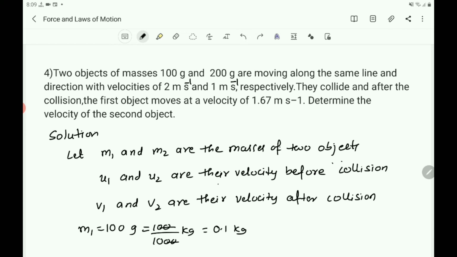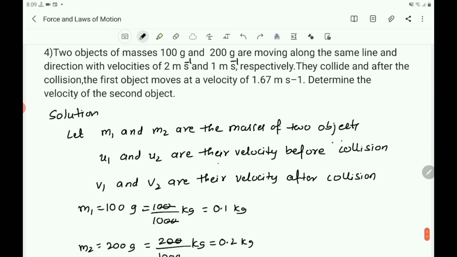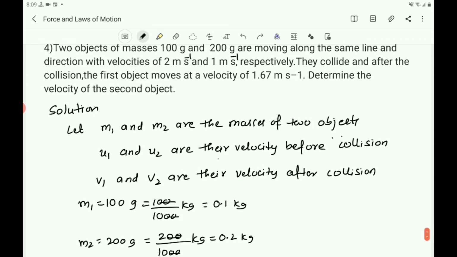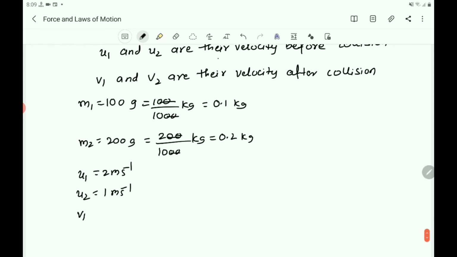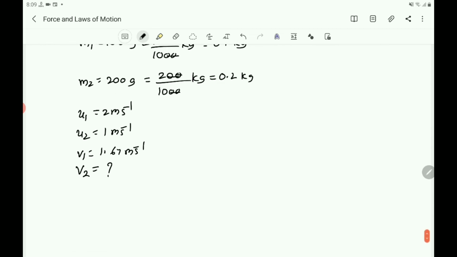So that is v1, the velocity of the first object. v1 equals 1.67 ms⁻¹. What we have to find out is the velocity of the second object after the collision.